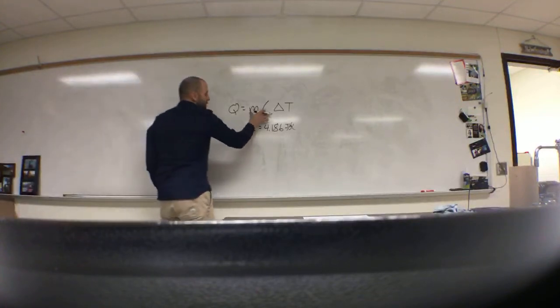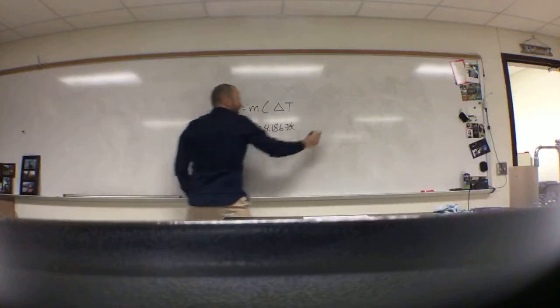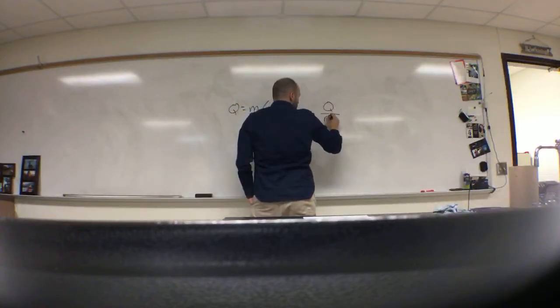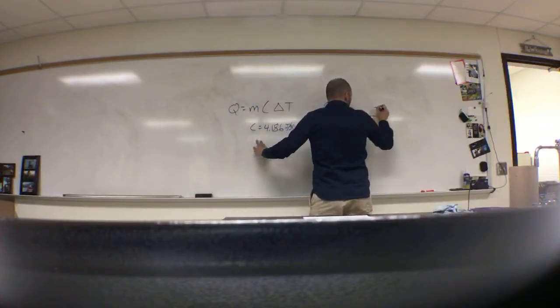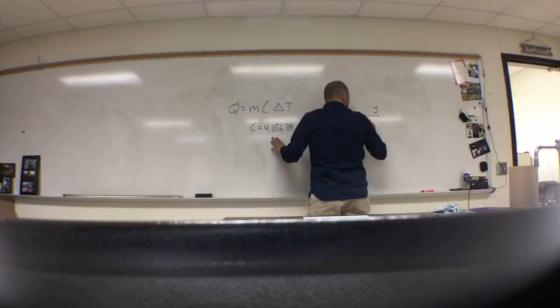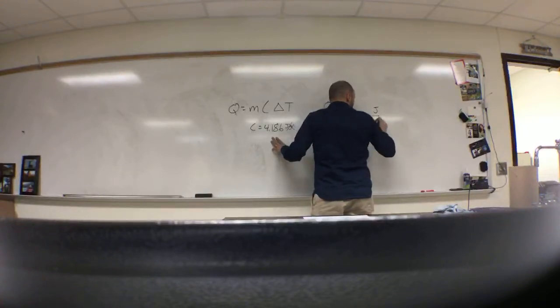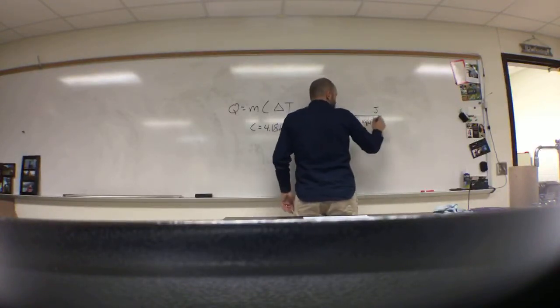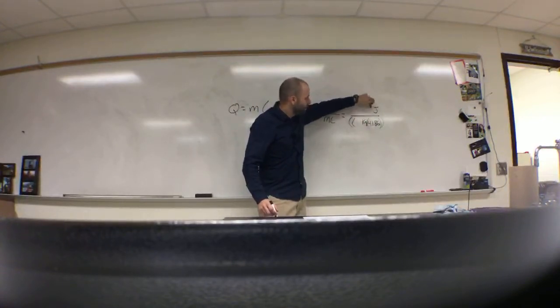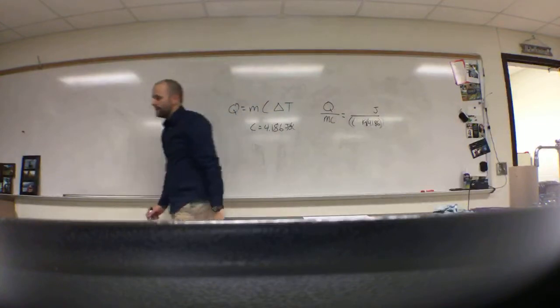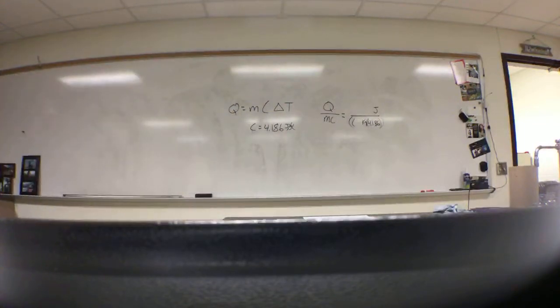So you're going to divide both sides by mc. So you should do Q divided by mc, which means you're going to put whatever your joules was, and your kilograms are going to go here, and then 4186. Now, please make sure that you put the mc in parentheses, like this, so it is multiplied first before you do the division. That is very important. So that'll help you answer that one there.